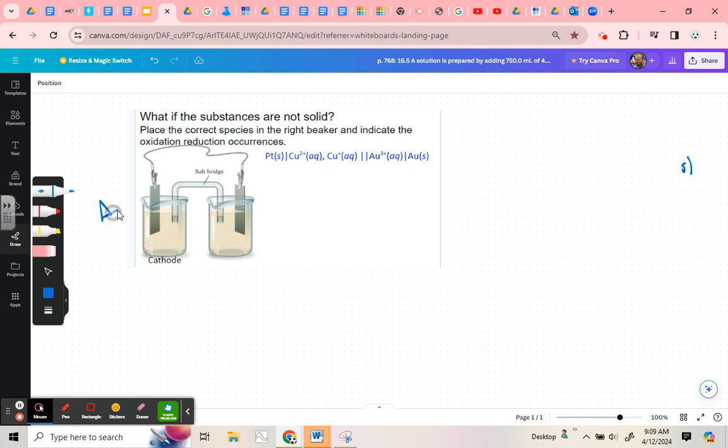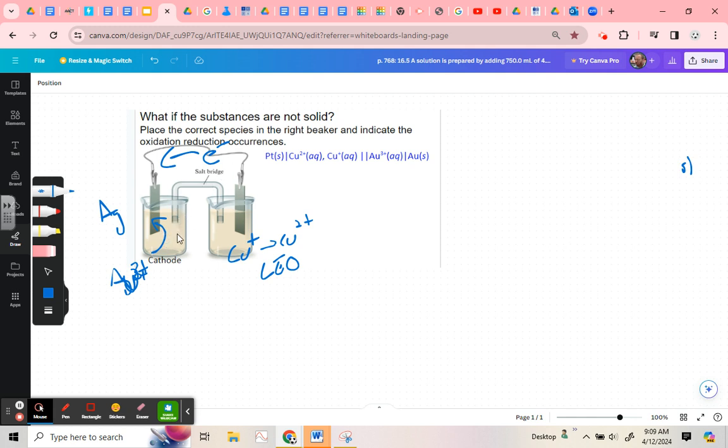So we have Au3 plus, and electrons are going to flow this way because you're getting copper plus getting oxidized, LEO, the loss of electrons is oxidation, going from plus to 2 plus. So electrons are going this way. The gold is grabbing onto those electrons, and red cat gets fat. Reduction happens at the cathode.